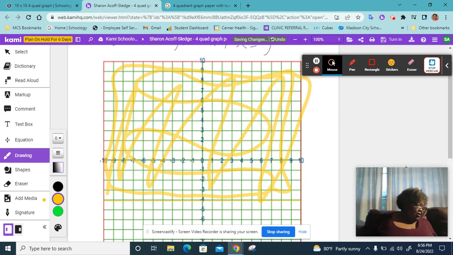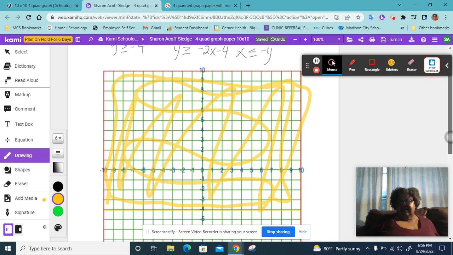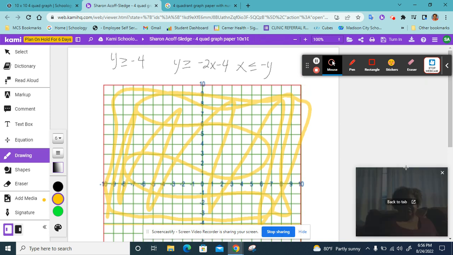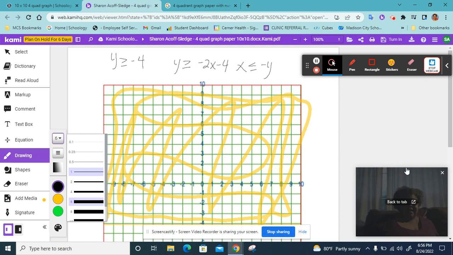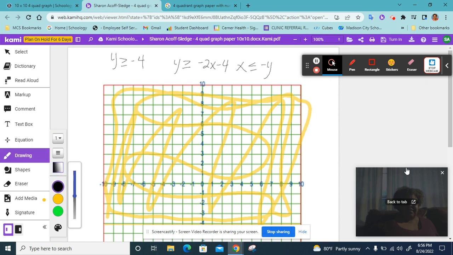And then my next one is y is greater than or equal to -2x minus 4. So we're going to graph the y-intercept first. I'm going to do that one in black. The y-intercept is -4, and then we graph our slope of -2.